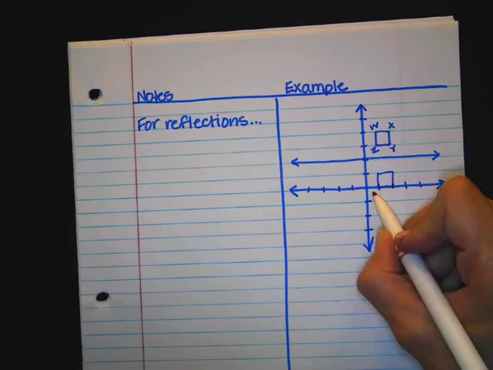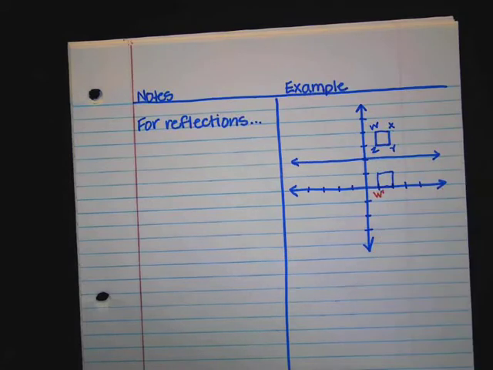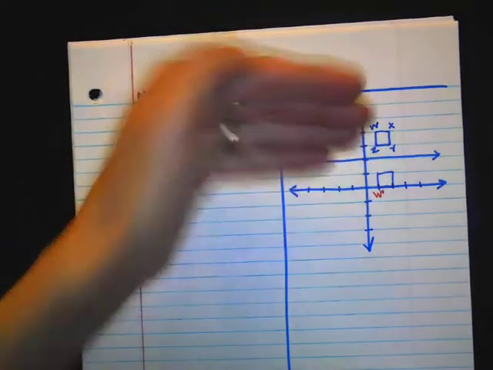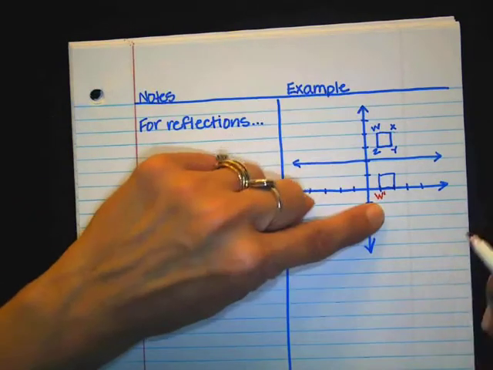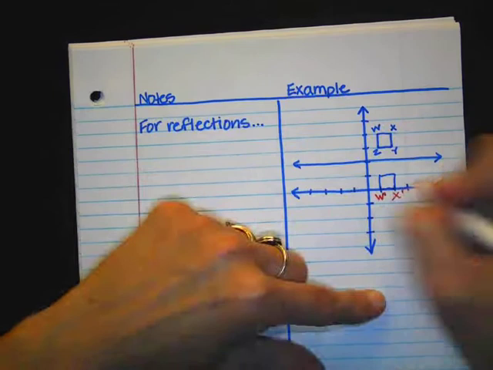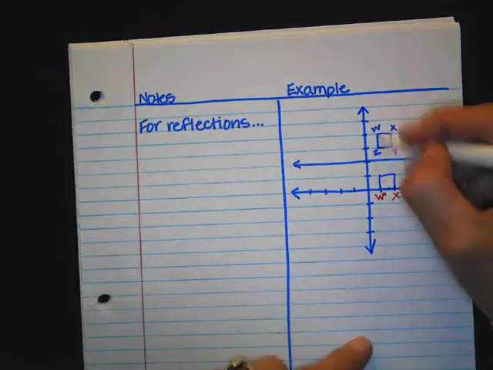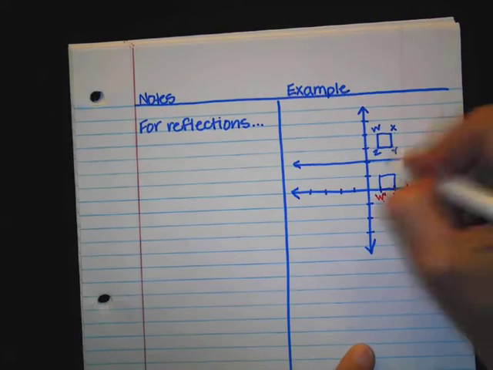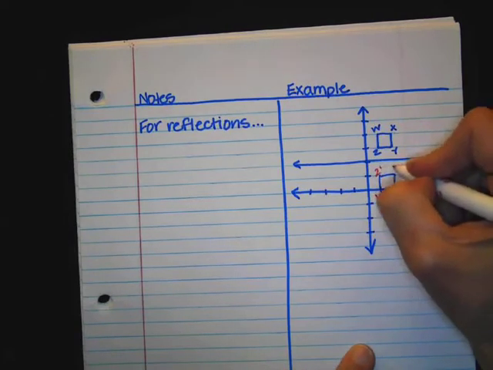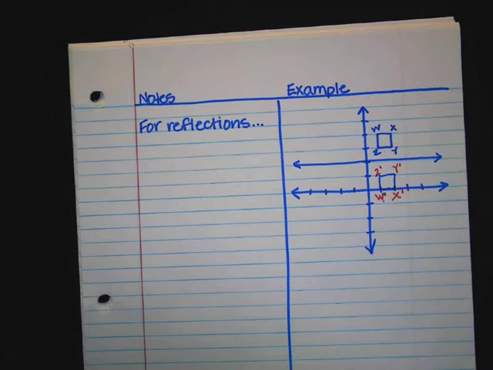W prime is down here. X is over at the bottom. They don't go in the same spot. So I took this square and reflected it. My W is now over here, and X is over at the bottom, because my W was farther away from my reflection line, so it still has to be farther away from my reflection line. And the Z in the middle. Okay. And the prime.